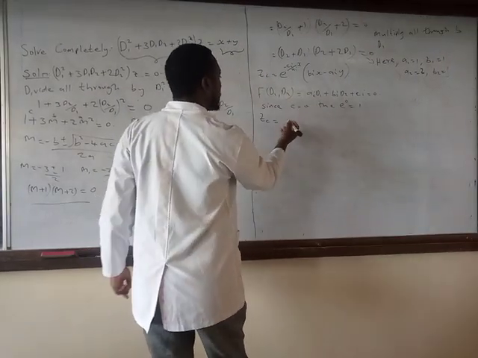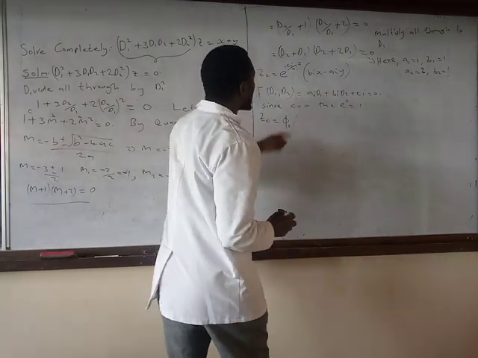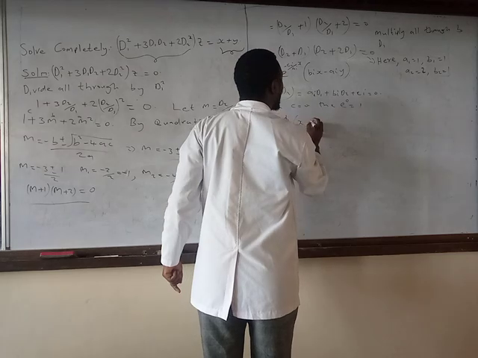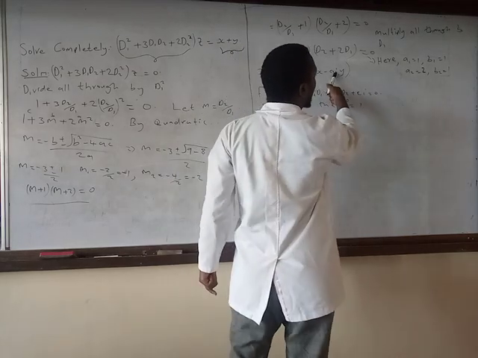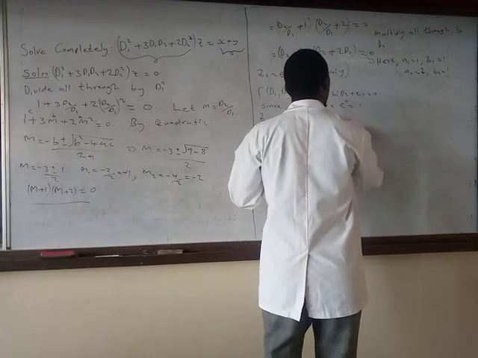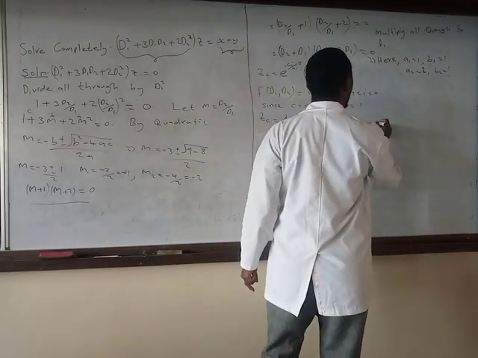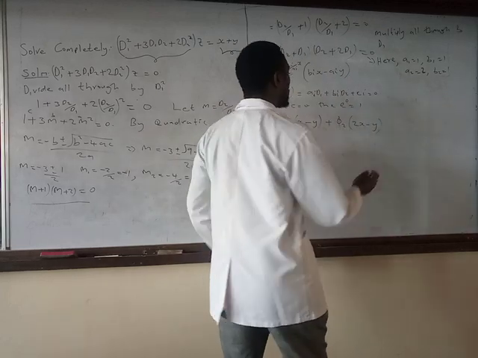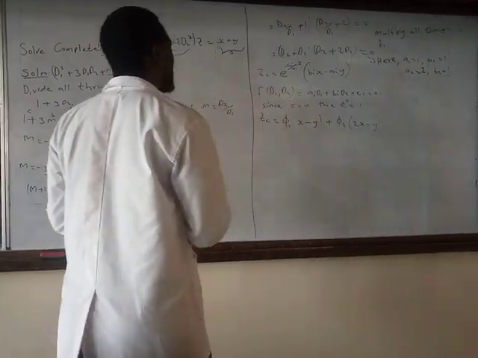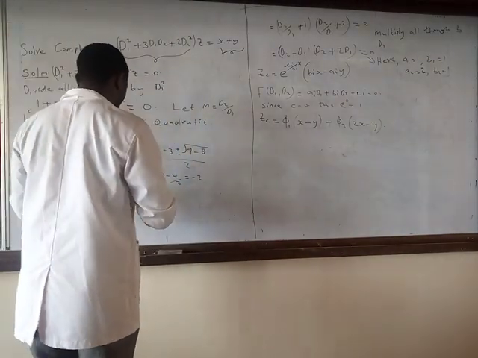So we are going to have phi 1 of B1 is just 1, so we have x minus ai y, which is just 1, so x minus y, plus phi 2 of ai is 2, so we have 2x minus y. So this is our complementary solution. So having the complementary solution, we can find the particular integral.